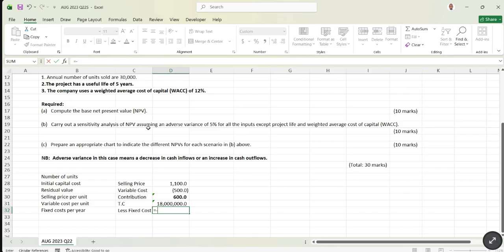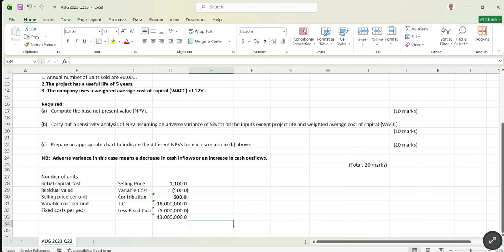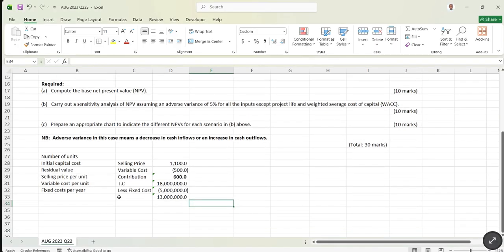Is it 5 million? So we get that, we say this plus this. We get 13. So what is that? Is that the profit? So this is the profit.